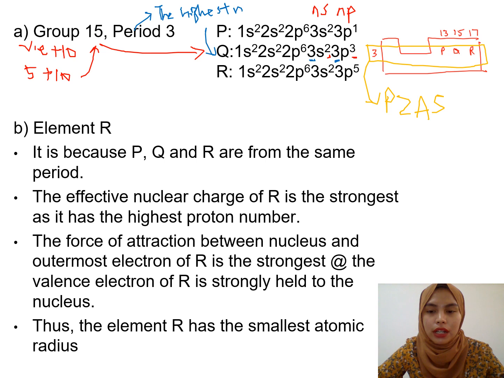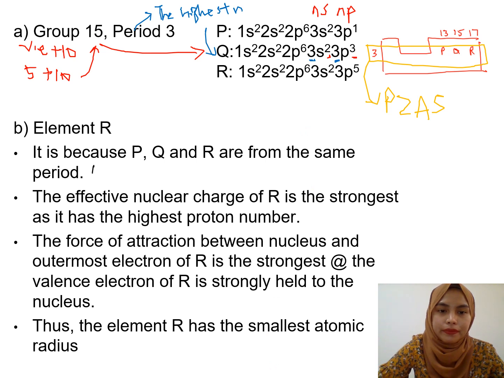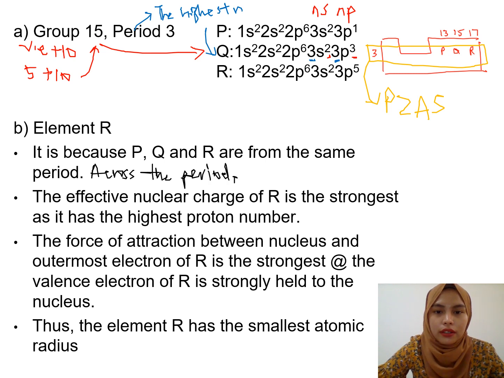Why? You bagi tahulah awal-awal dahulu. Because P, Q and R, tiga-tiga ni belong in the same period. So bila belong in the same period, so you have to say across the period, the proton number will be increased. Okay, you have to say across the period, proton number will be increased.